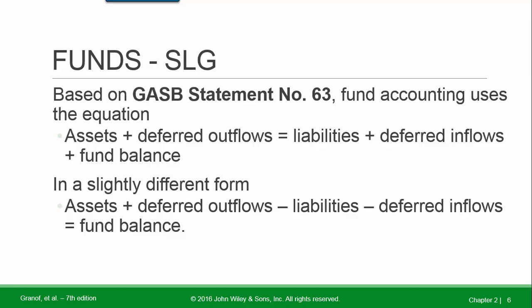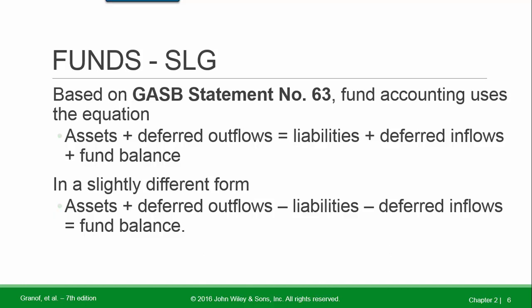Let's look at funds for state and local governments. This is based on Statement 63. Fund accounting uses the equation assets plus deferred outflows equal liabilities plus deferred inflows plus fund balance.